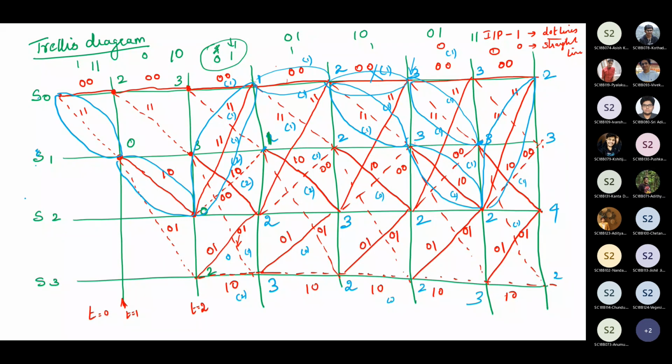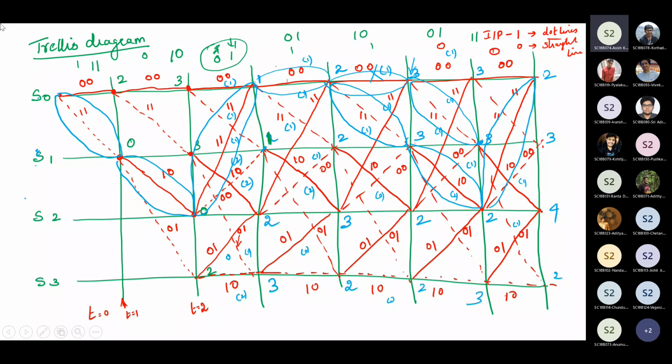If this way it is not ending up in the 0, 0 state, come back to where we made a decision. From there, take the next path and check whether we end up in the S0 state. If it ends up in the S0 state, that's the decoding procedure, and correspondingly we will write the code bits, and that will be the estimated code word.